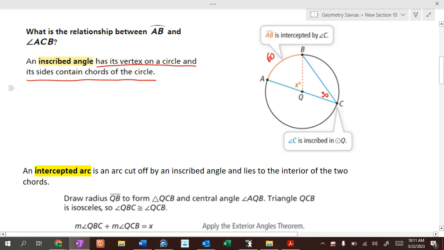An intercepted arc is an arc cut off by the inscribed angle and lies in the interior of the two chords. So this is our intercepted arc, this red arc here. That's our intercepted arc.